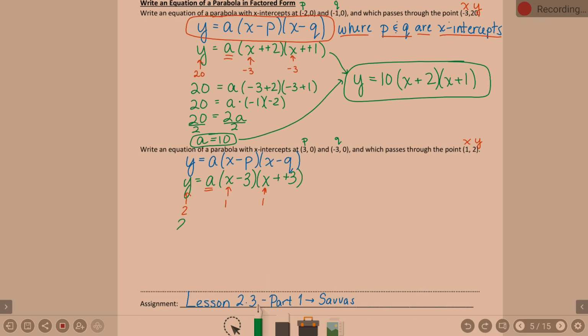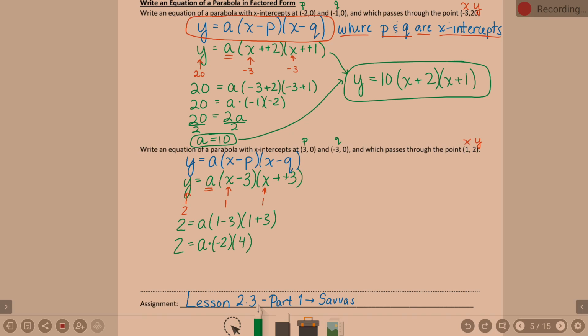2 equals A times 1 minus 3 times 1 plus 3. Okay. You got the math? 2 equals A times, what is 1 minus 3? Negative 2. What is 1 plus 3? 4.